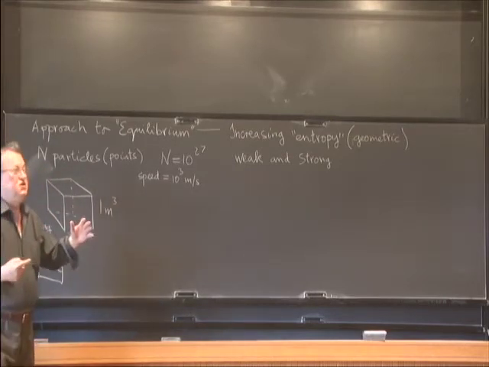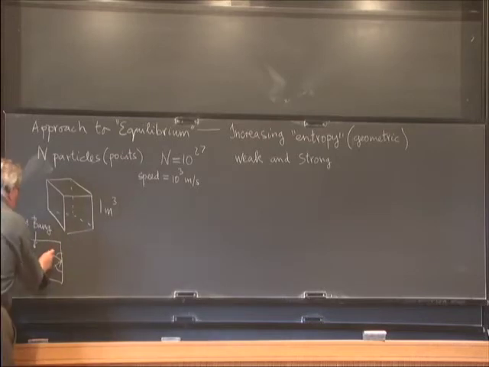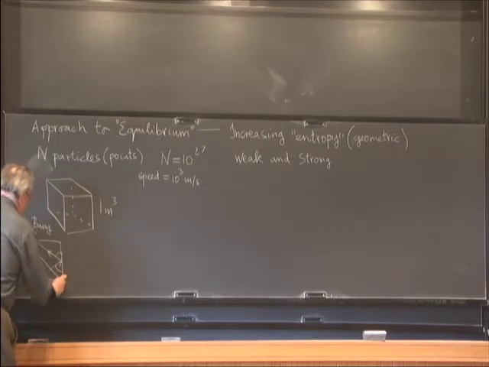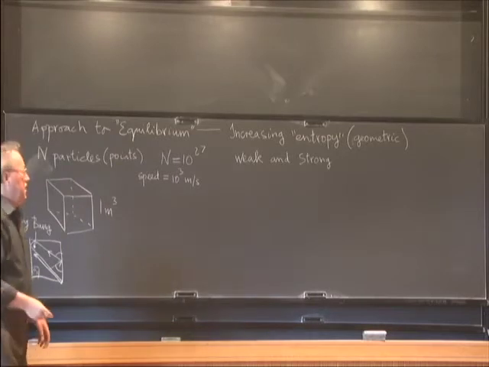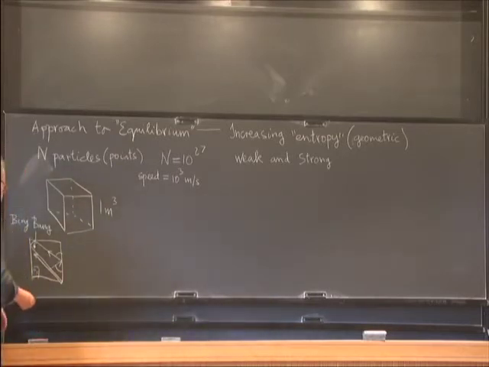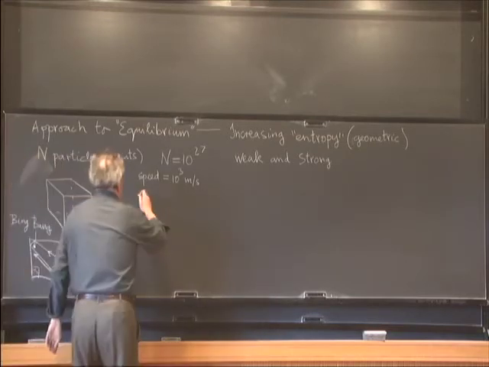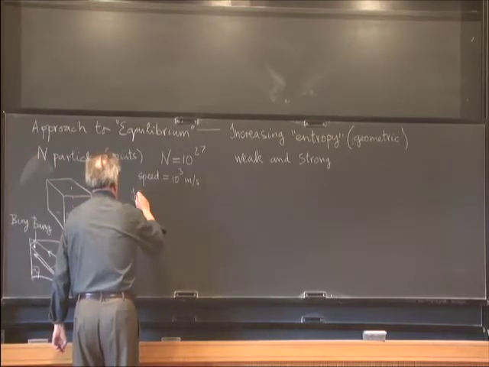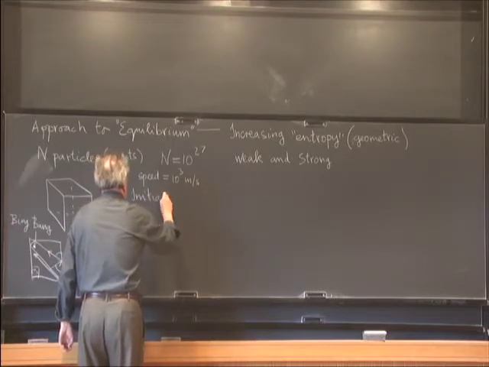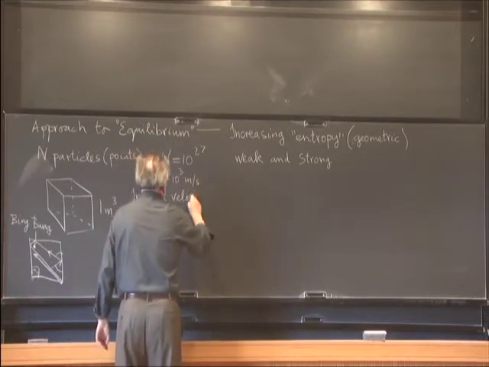So every particle has this zigzag trajectory, and all we need is the initial velocity. Now, what about the initial velocities?